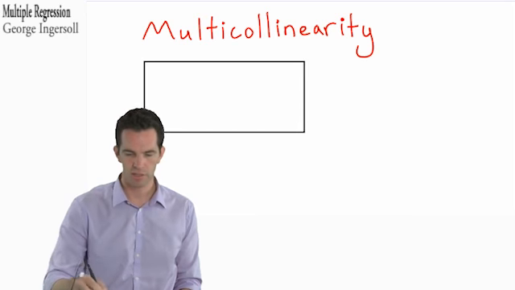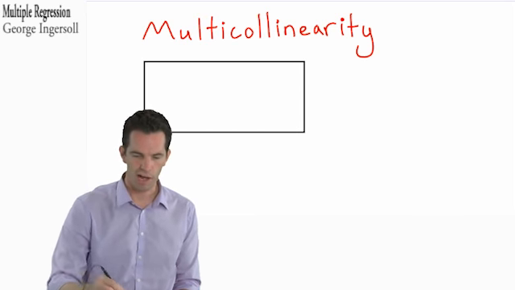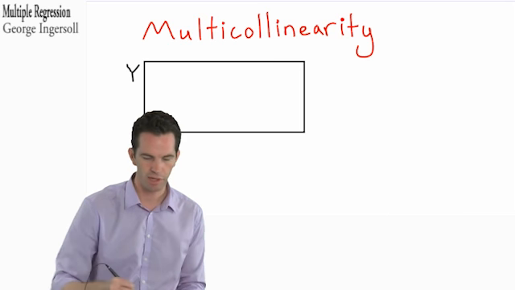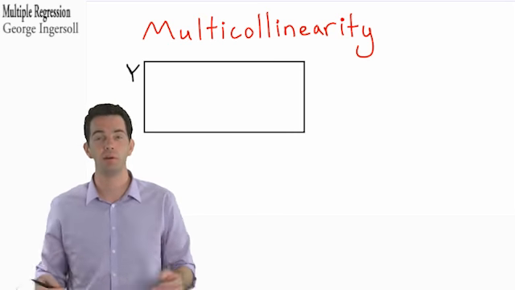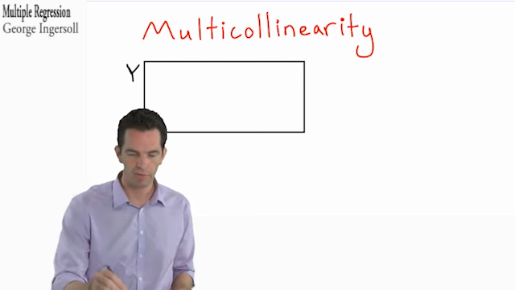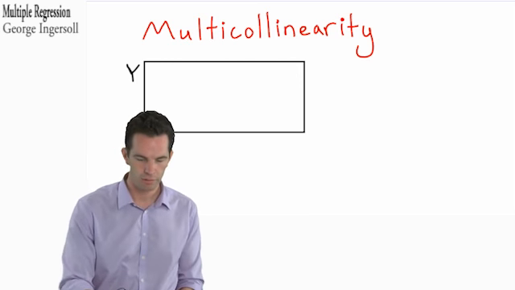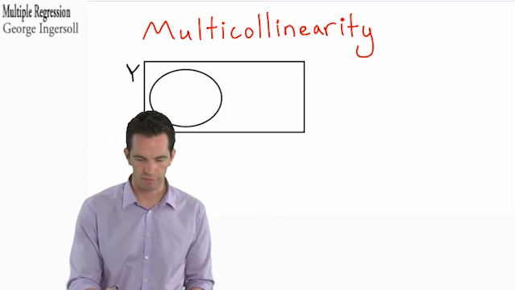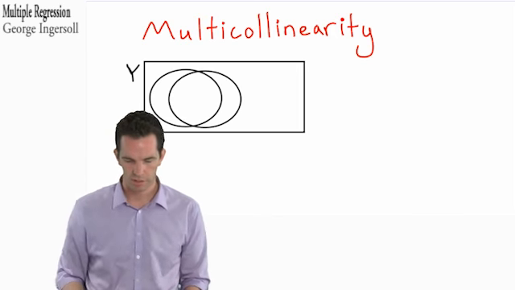If this is our y, everything we could know about our dependent variable, we might have one factor that tells us that much, and another factor that tells us that much.